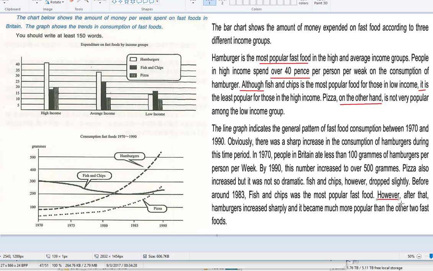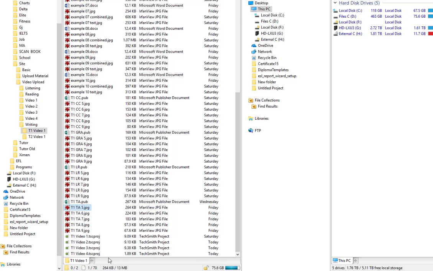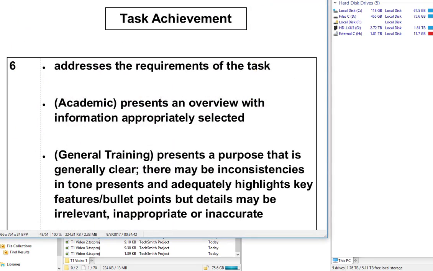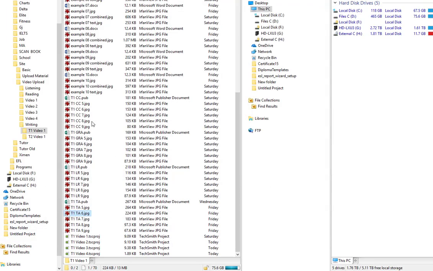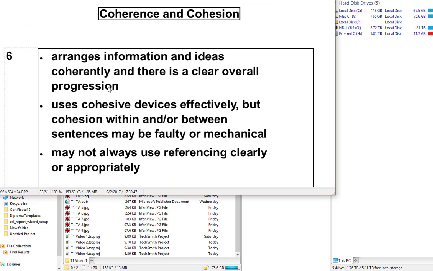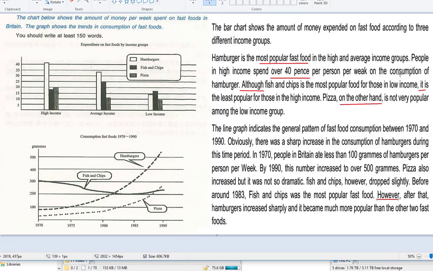And after that, hamburgers increased sharply, and it became much more popular than the other two fast foods. Okay, so no, not task achievement. Yeah, there is progression, but yeah, cohesion can be faulty between sentences, as we saw here. Okay, so 6.